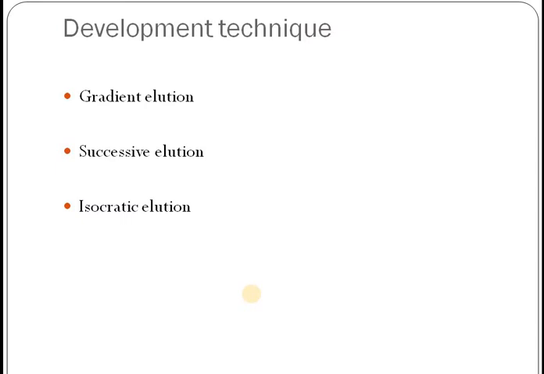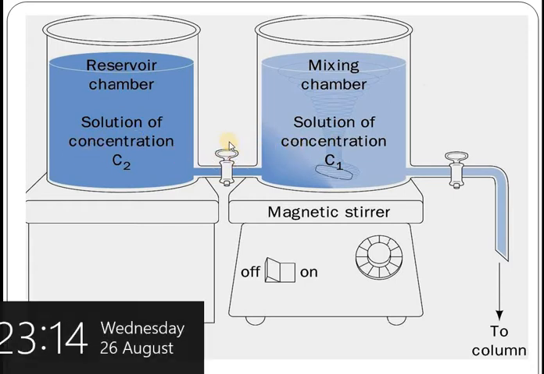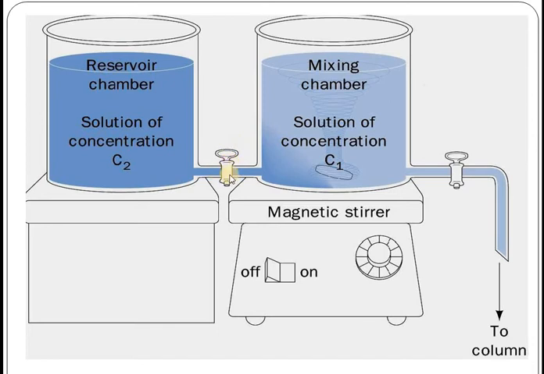Development technique. The development techniques are of three types: first the gradient elution, second the successive elution, and third the isocratic elution. You can see here C2 and C1, both chambers, connected by this unit, and here is a simple stand.